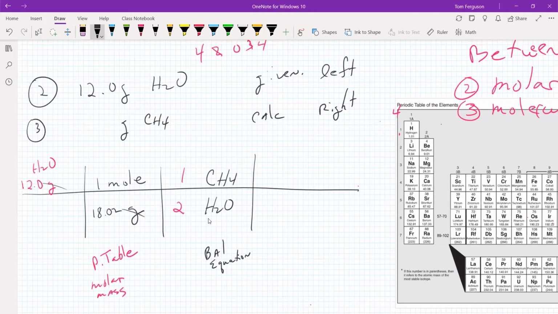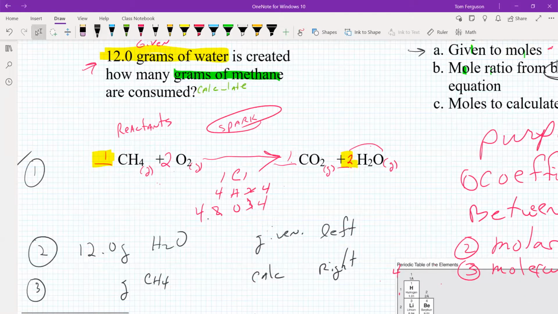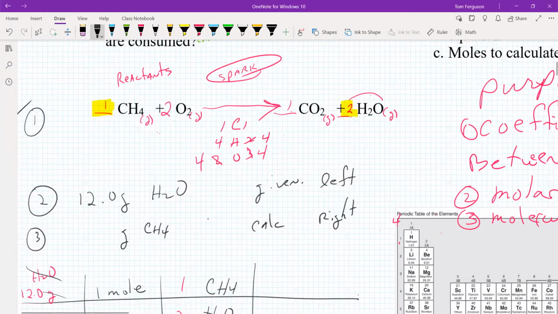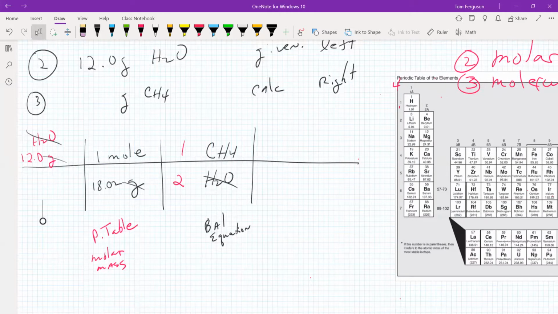Now notice water cancels. What's left over here? We have moles of methane. Do we want moles of methane? No, we want grams of methane. So this last step is converting moles of methane to grams of methane.